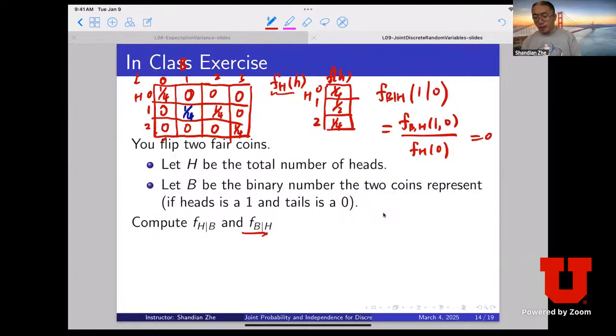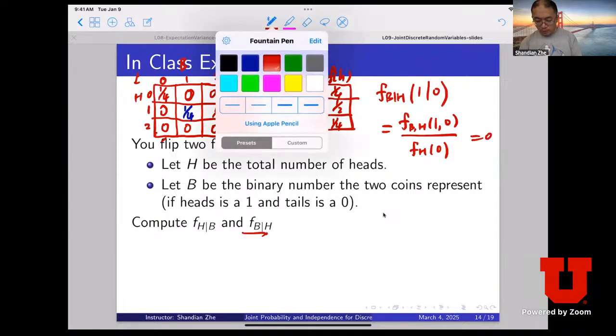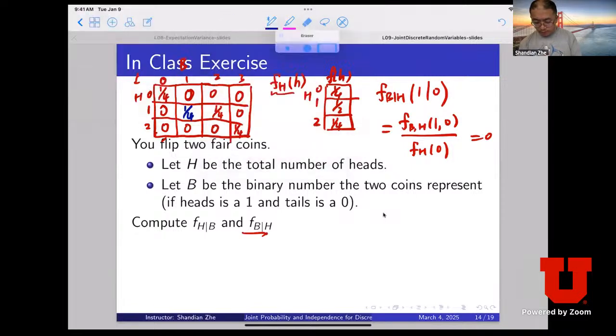Okay, so now let us try another setting. Say H is 1 and B is 2. What's the conditional probability density of B given H, where B is 2 and H is 1?